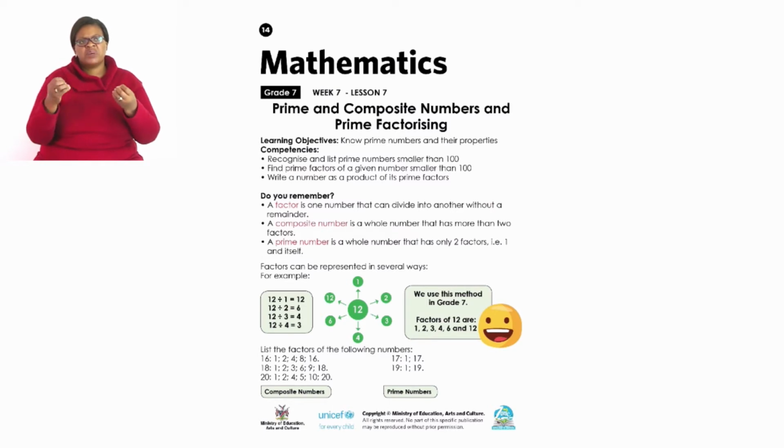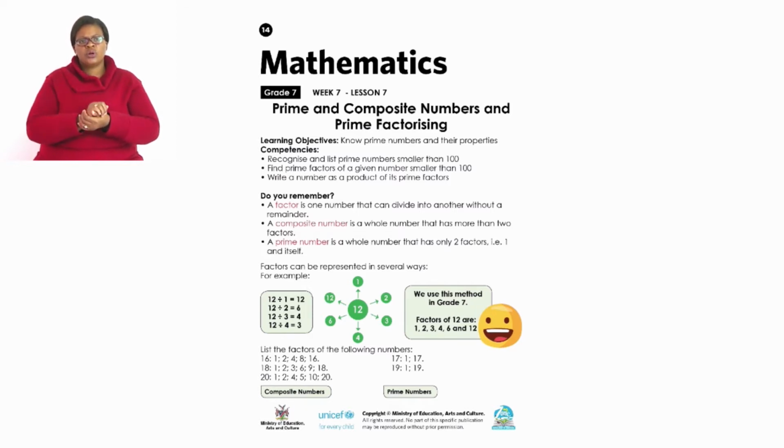Factors can be represented in several ways. For example, if you divide 12 by 1, you get 12; 12 by 2, you get 6; 12 by 3, you get 4; 12 by 4, you get 3. In the middle, we have 12.